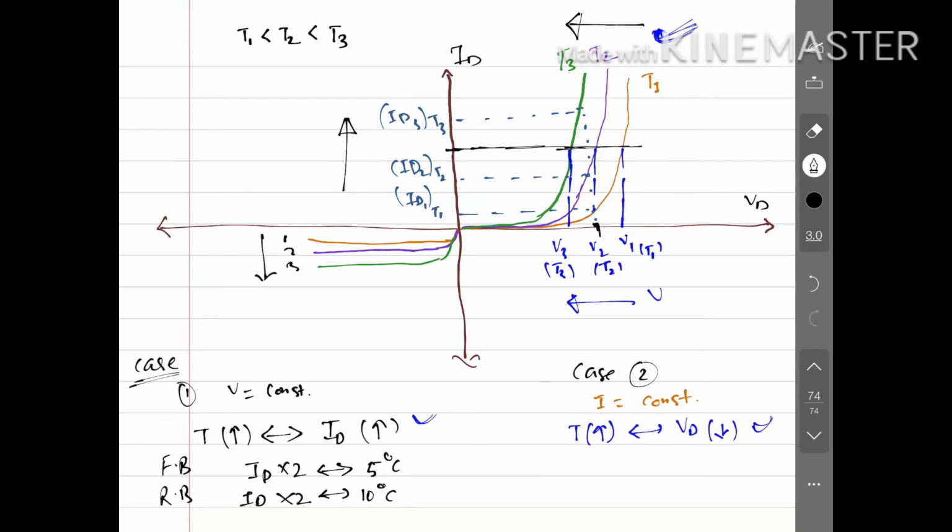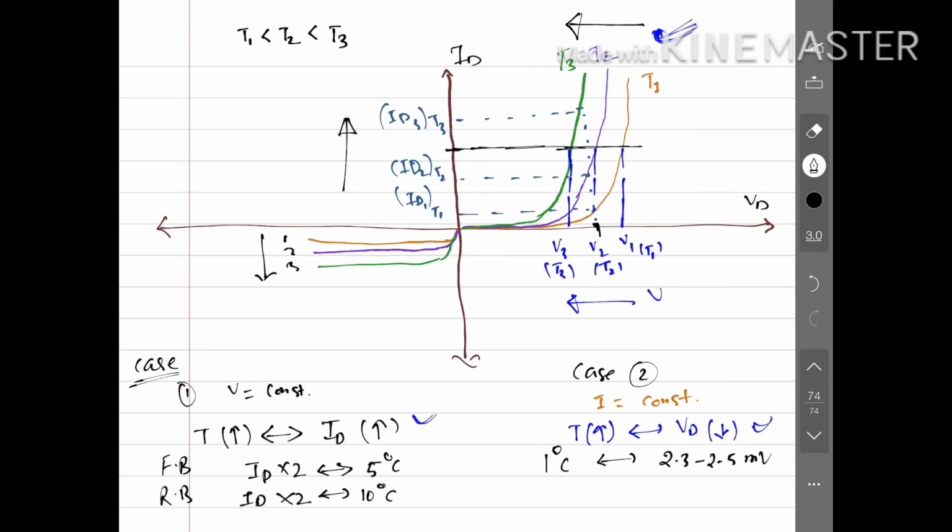Now what about the voltage? When you increase the temperature by 1 degree, your voltage decreases by 2.3 to 2.5 millivolt. In some books it is written as 2.3, in some books 2.5.